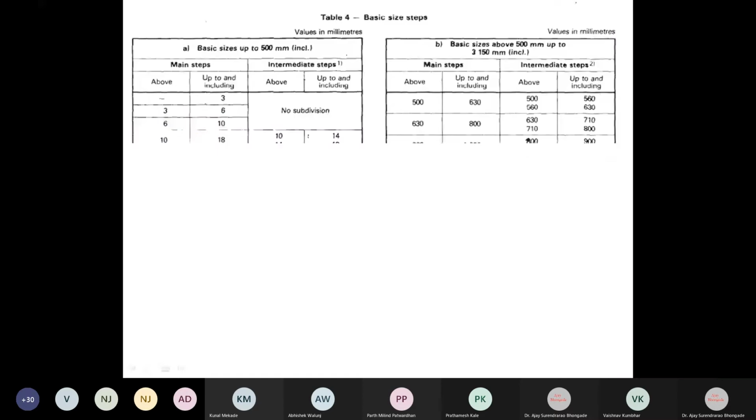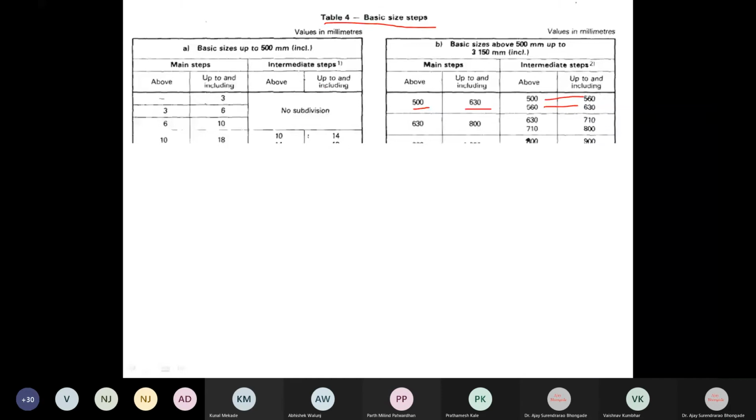Again, they have given one more table, that is for the basic size steps, right? So when I say from 10 to 16, and again above 500, 600, what are the intermediate steps? They have also given 500 to 600. We can again have the steps between 500 to 560, 560 to 630.